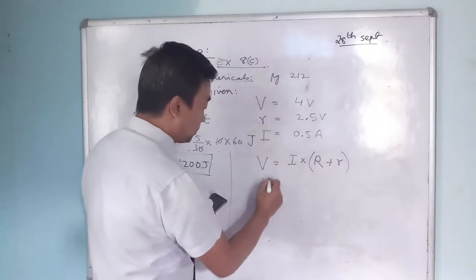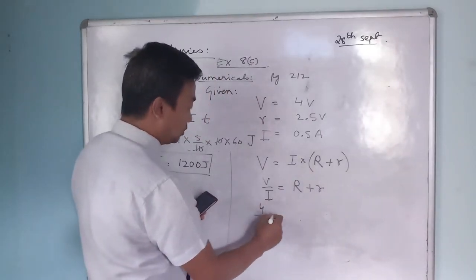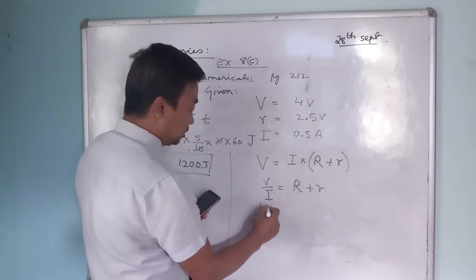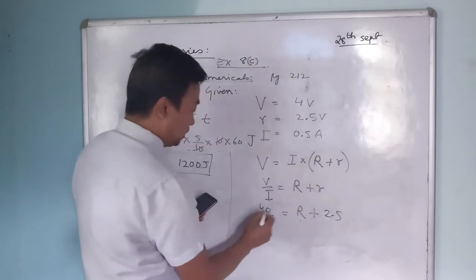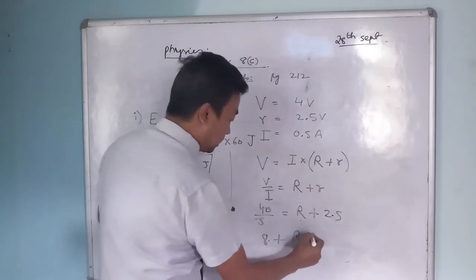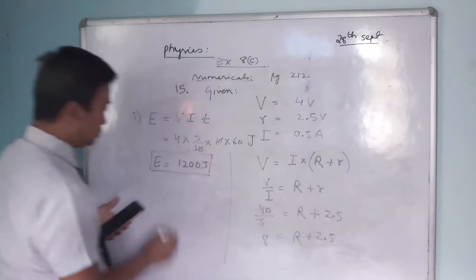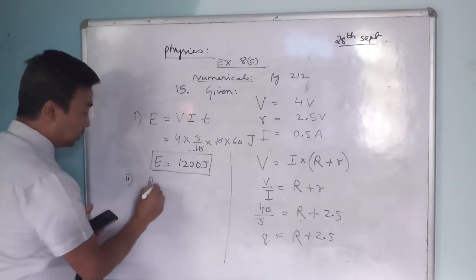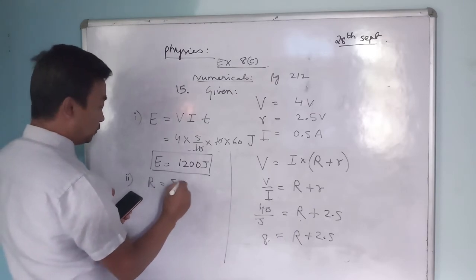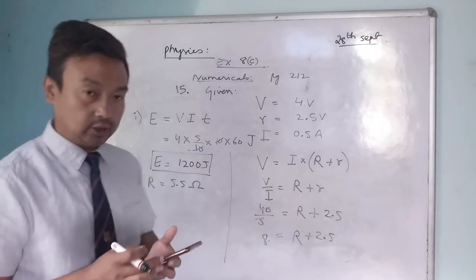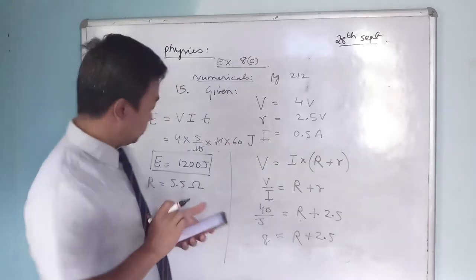Solving from here, V given is 4 and the current is 0.5. If you remove the decimal, you will get 40 by 5, which is 8. So 8 equals R plus 2.5. If you transpose it, the resistance of the bulb, that is the external resistance, will be 8 minus 2.5, that is 5.5 ohm. So the resistance of the bulb is 5.5 ohm.